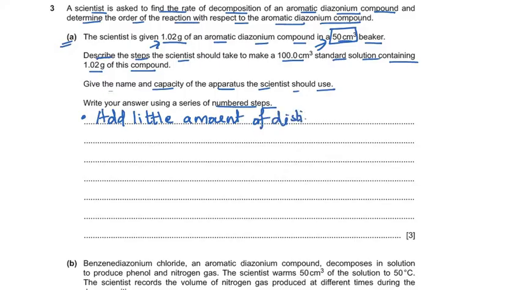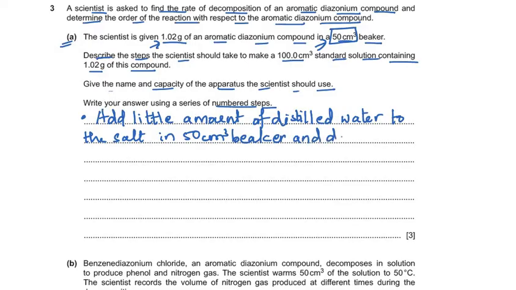That is very important, because whenever we make a solution we use distilled water. So here we should specify that we are adding distilled water to the salt in the 50 centimeter cube beaker to dissolve it. So this is the first step.